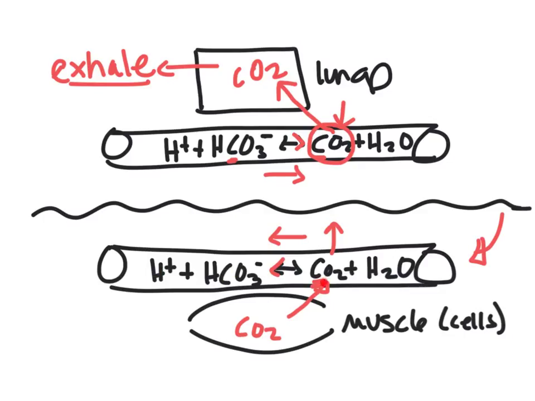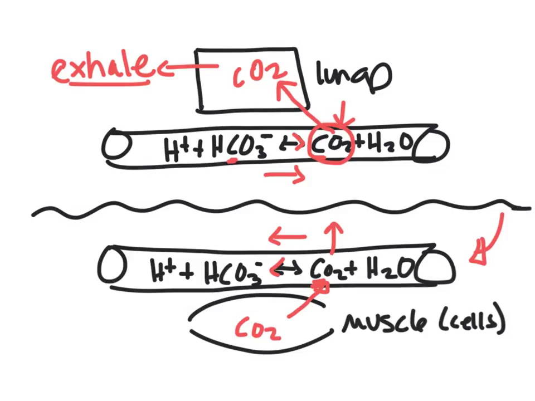We've removed some of that carbon dioxide, removed some of that carbon, rebalanced the equation, and we're back into equilibrium. So this reaction is going to shift in different directions depending on the conditions in the environment.